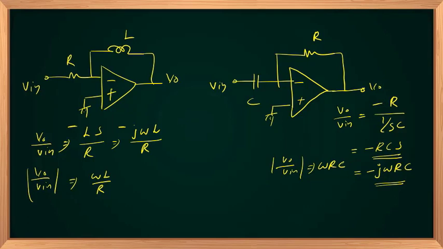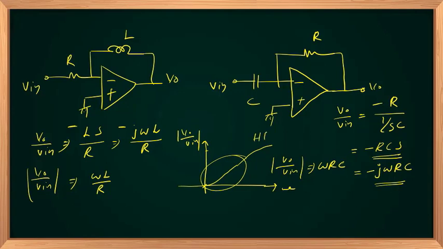So both circuits act as a high pass filter. When omega equal to 0, the magnitude of voltage gain V out by V in is 0. Then it increases. When omega tends to infinity, the voltage gain also goes to infinity. So in the low frequency range you have a low gain, and in the high frequency range you have high gain. It's a high pass filter.